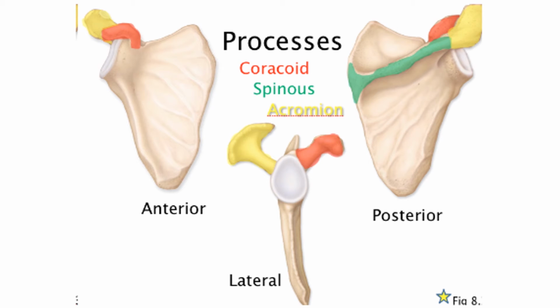All these processes are concentrated in the superior angle, and you can see that the red one is the coracoid. Now, what is the green one and what is the yellow one will be left to you to conclude, and they are written in the slide.